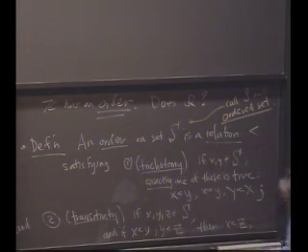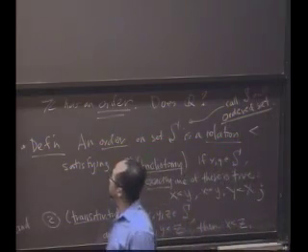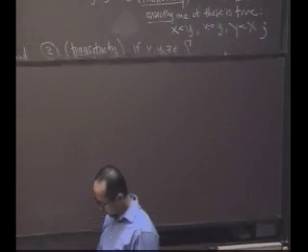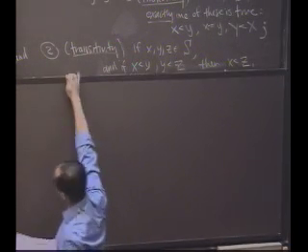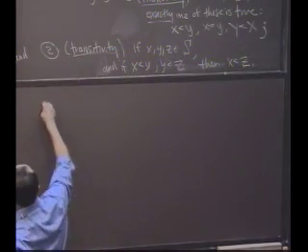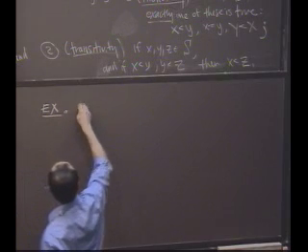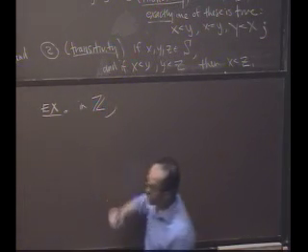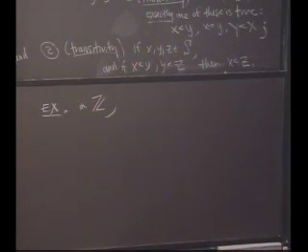Okay, very good. So what is the ordering on Z? So here's an example. In Z, in the integers, what's an order?